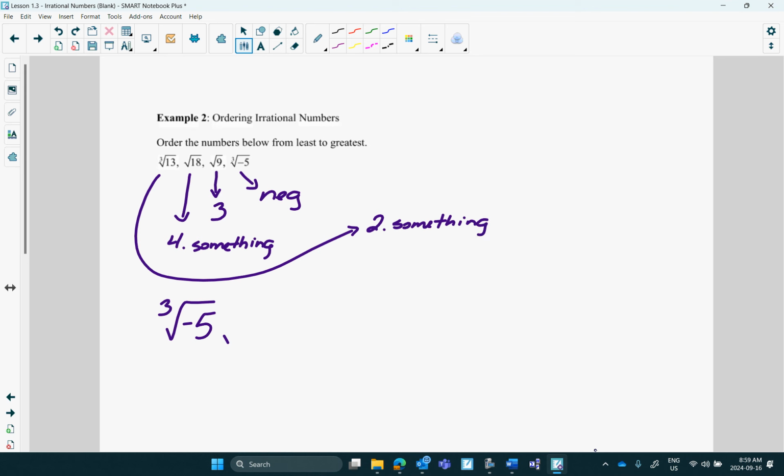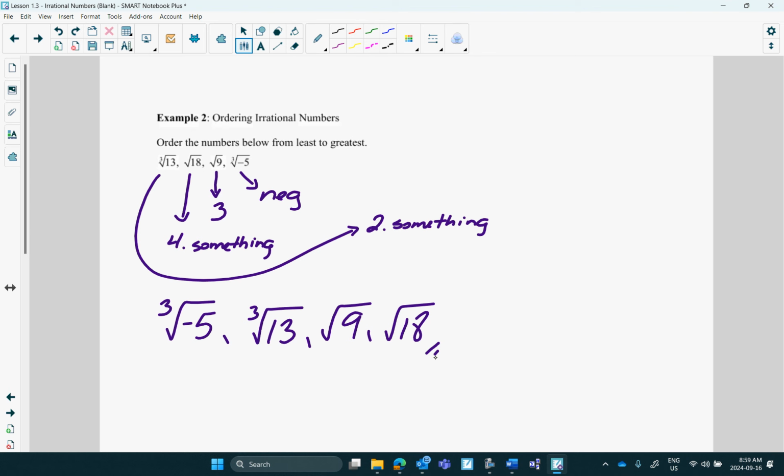We don't have to be precise because now it's obvious what the order is. This is the next smallest, cube root 13. Square root 9 is the next one, and the largest is going to be square root 18. So that's how you can use estimation to figure it out.